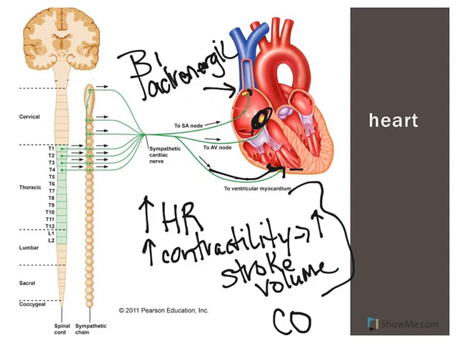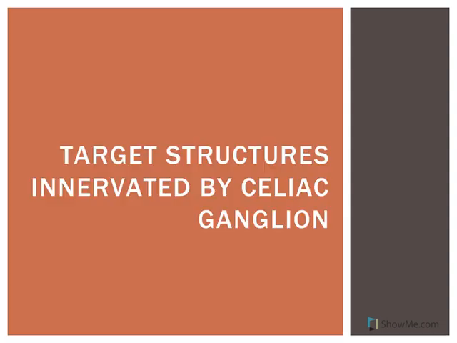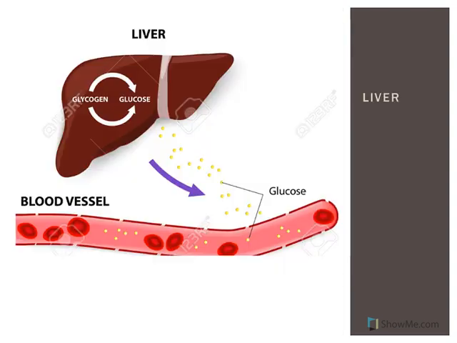So this is the end of structures where the ganglia are part of the sympathetic trunk, or the paravertebral ganglion. Now we're going to look at target structures innervated by the celiac ganglion. I could do other ones, but I'm only going to pick one, and that's the liver.